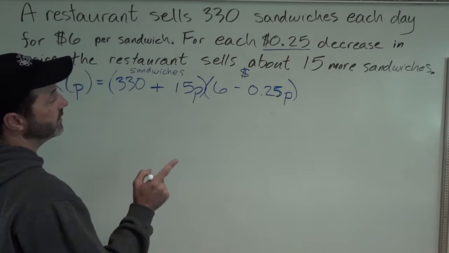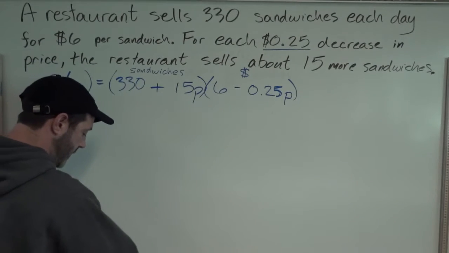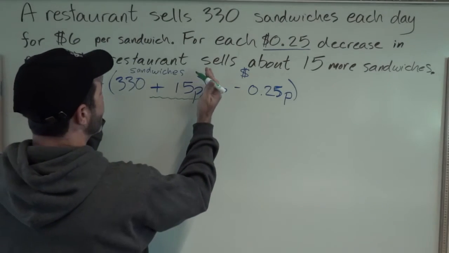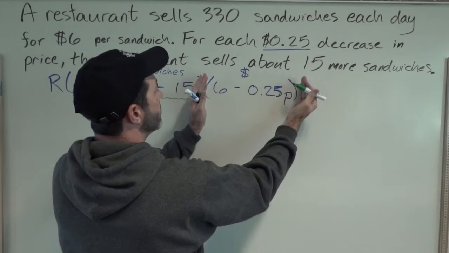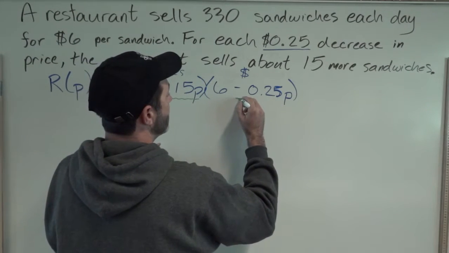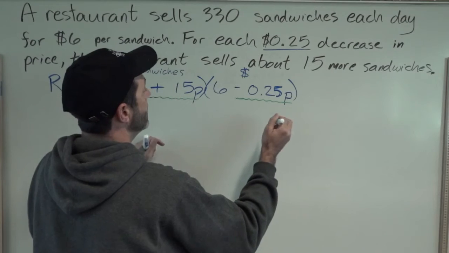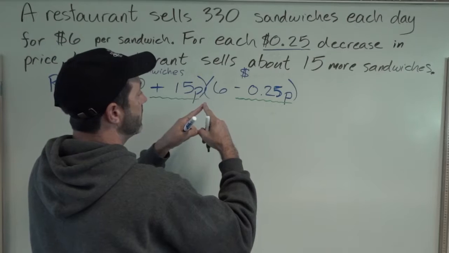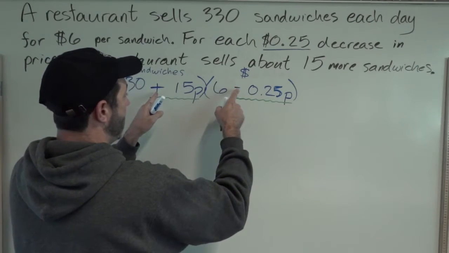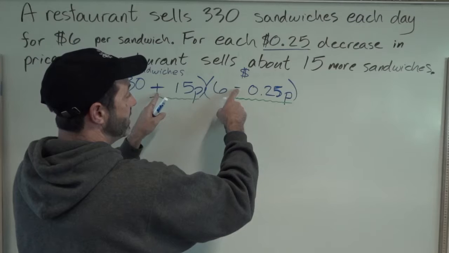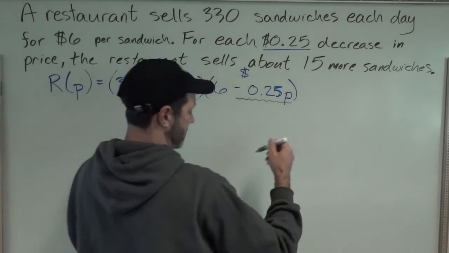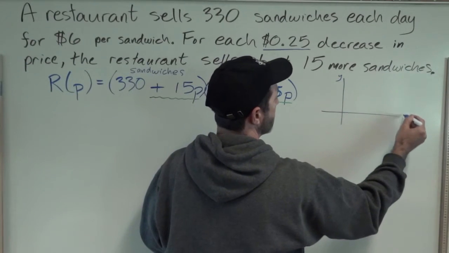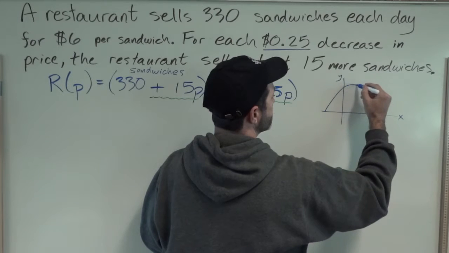And I can tell that it is because when I look at positive 15p, that factor getting multiplied by this other factor, where there's a negative 0.25p, I know that those p's multiply to make p squared. That's the curve. And the positive times the negative is a negative, so the curve is going to open down. Which means I can expect something, here's my x and y axis, I can expect that curve to do something like this.